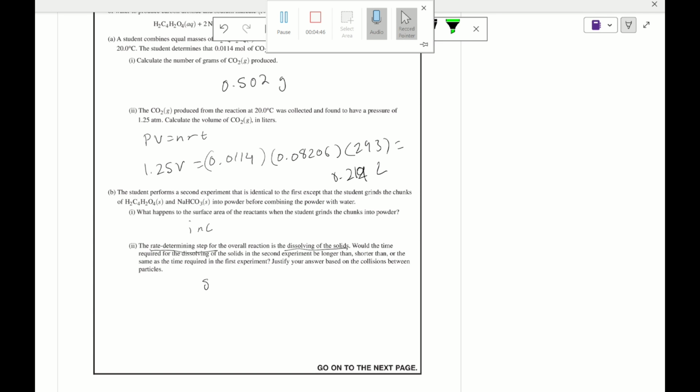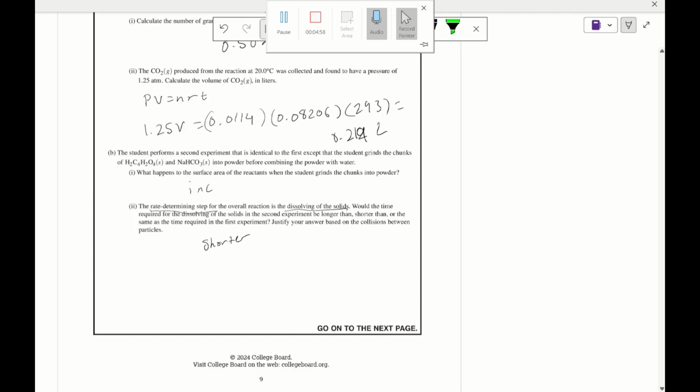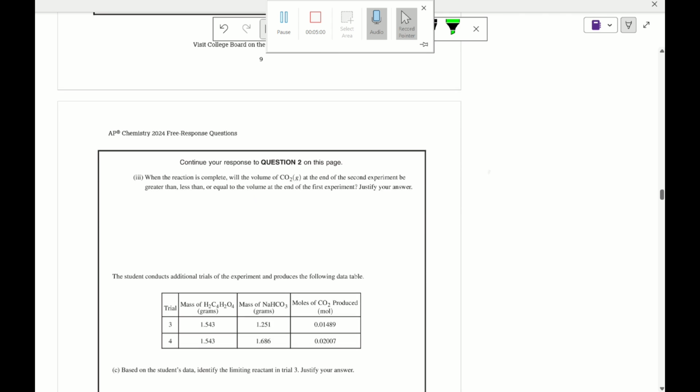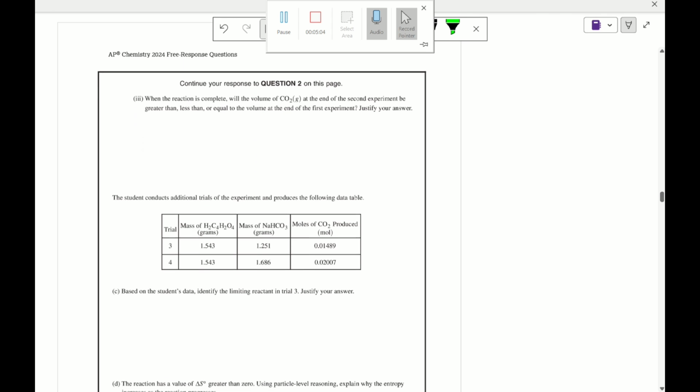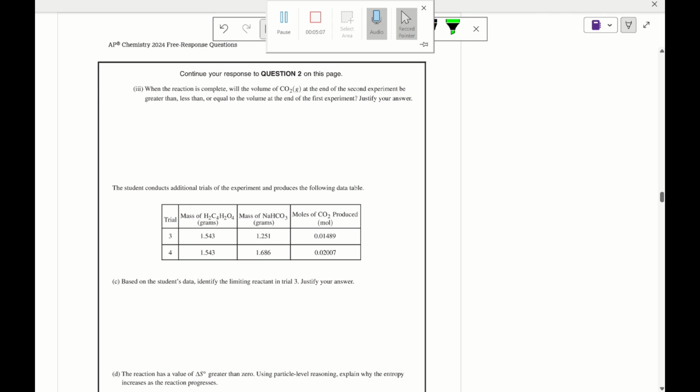This would be shorter, because if there's more surface area, there's more places for the molecules to collide. Therefore, there would be a shorter time of reaction. And then the volume will be the same because you're not changing P, R, or T, so the volume would be the same because it's an identical experiment.